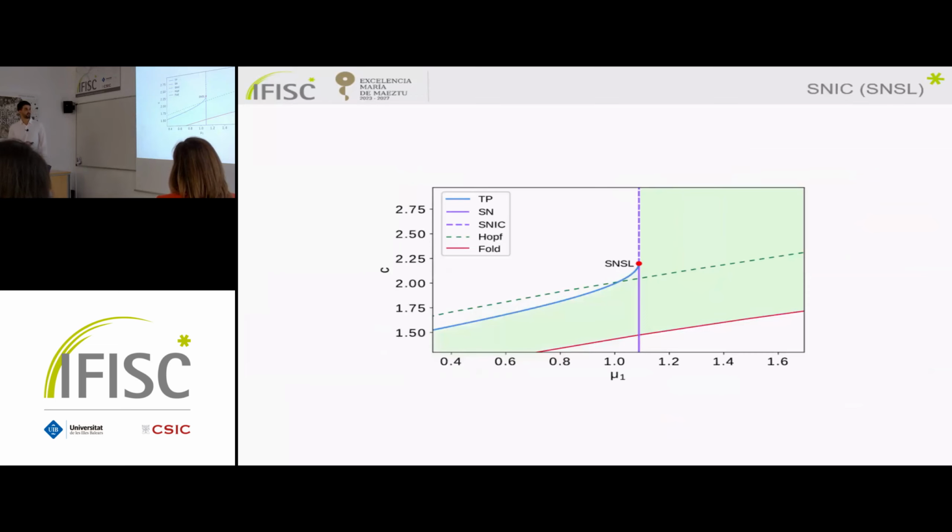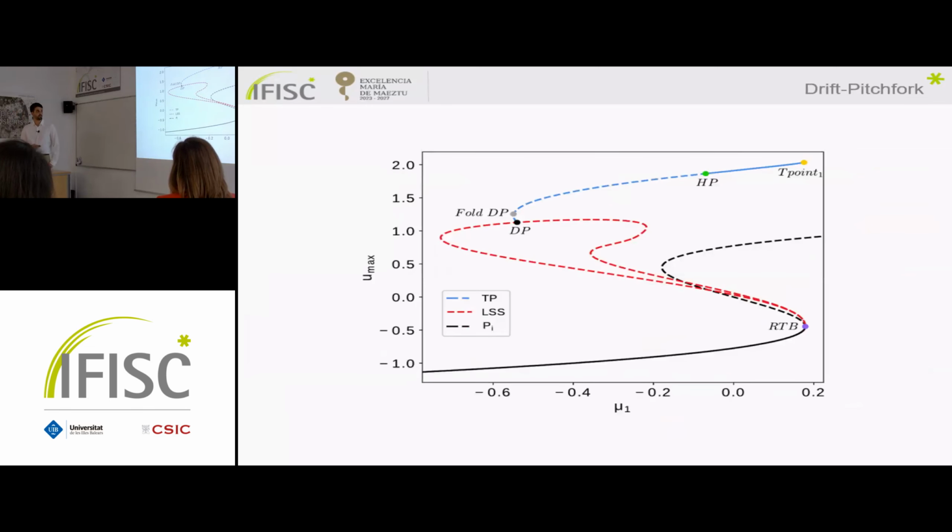We also studied other kinds of behaviors close to other bifurcations, close to the SNIC bifurcation that generates the excitability. The pulses are destroyed in a node-separatrix loop bifurcation. And we were also able to connect the formation of these pulses with other kinds of structures, in this case, localized steady states, from where the pulses emerge in a drift pitchfork bifurcation.